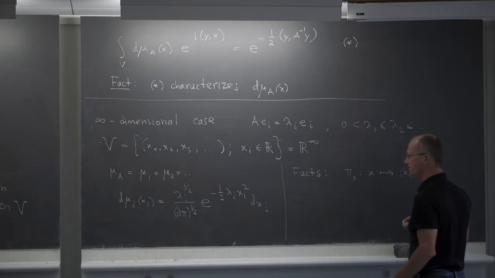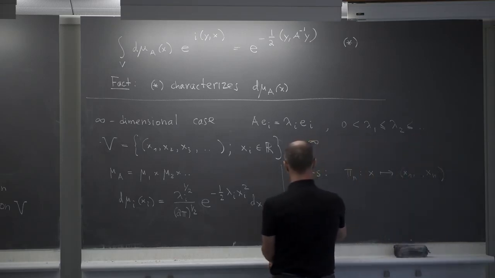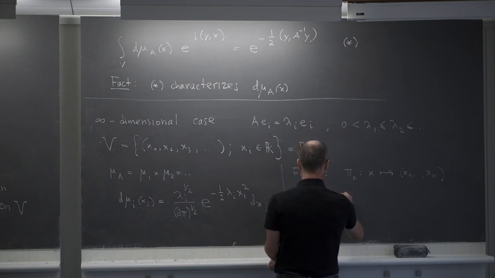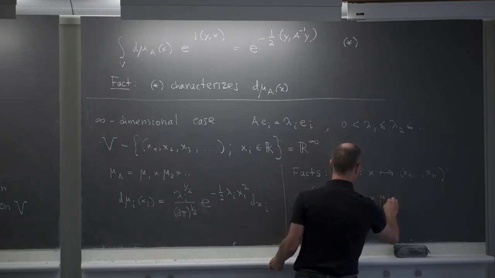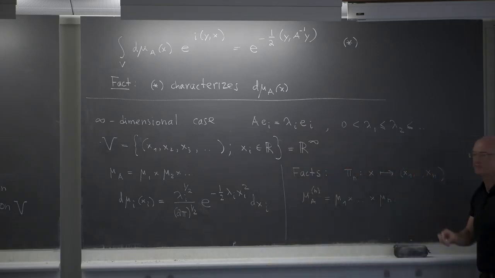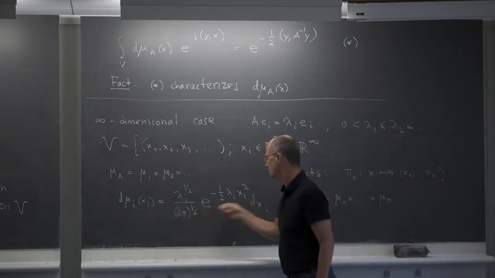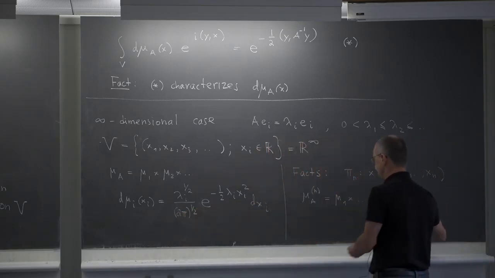And let me denote by μ_A^n the product measure on R^n, so the product of those Gaussian measures on R^n.